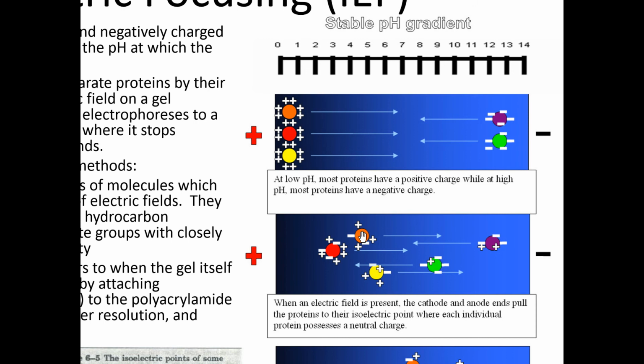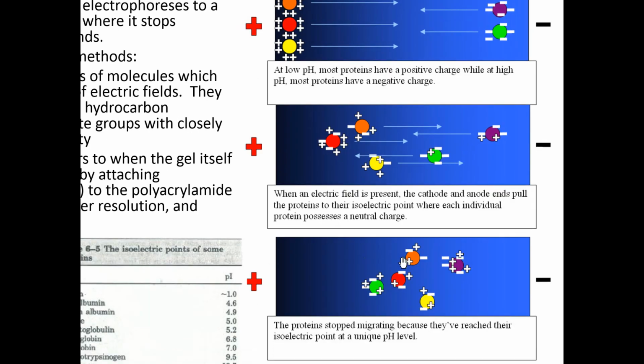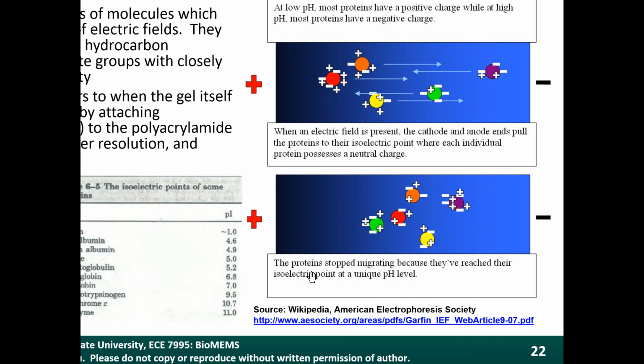So you could keep the electric field going on indefinitely. The molecule will eventually stop at a certain location in the gel. Molecules with similar isoelectric points will form bands in the gel, similar to electrophoresis. So the proteins stop migrating because they reach their isoelectric point.